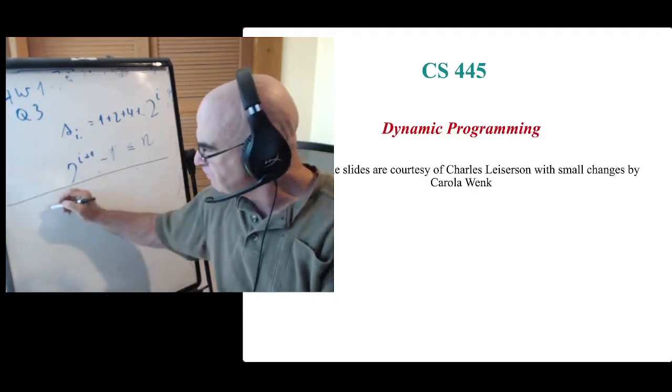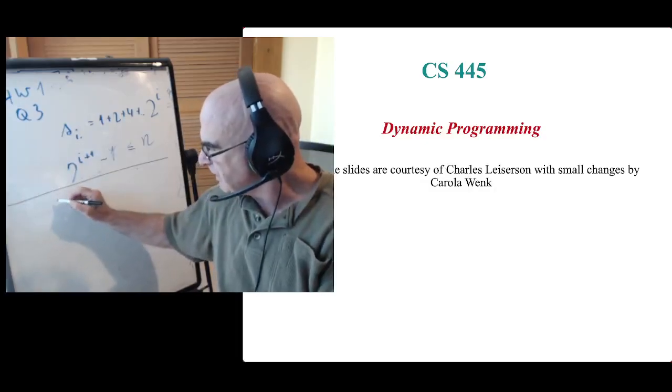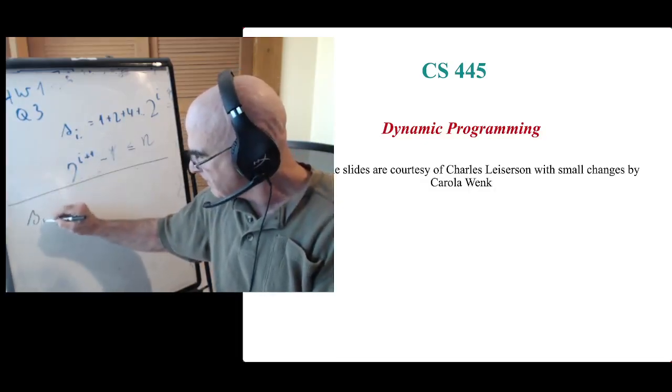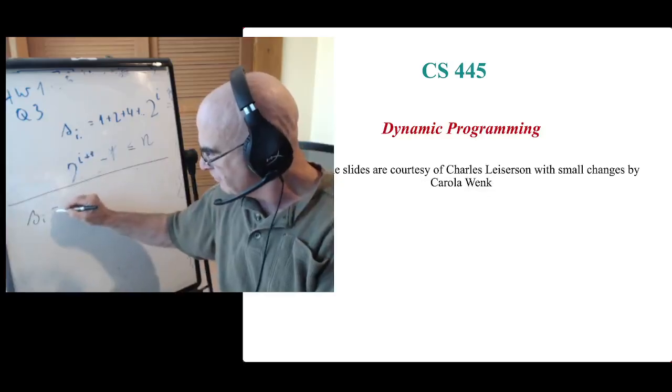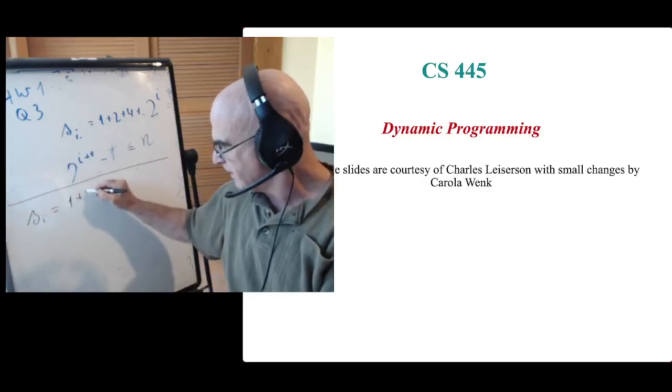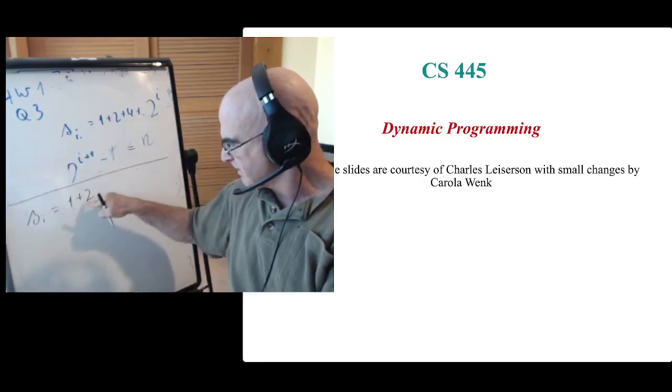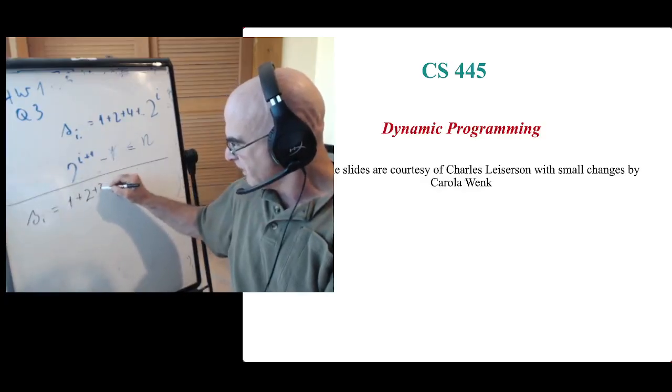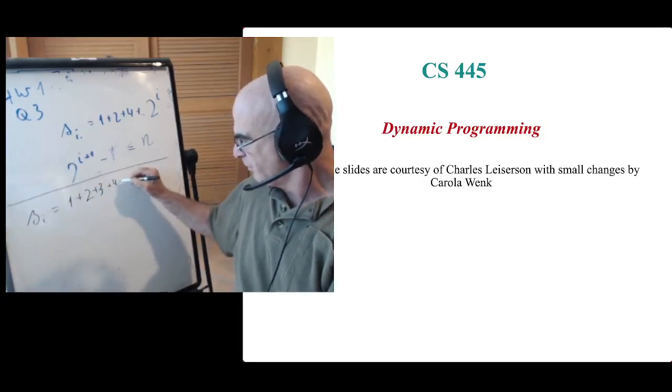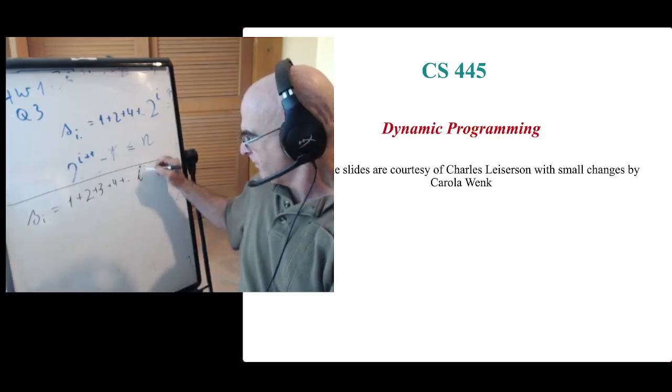In question 2, people got correctly to the idea that we had some number S_i, which increased by i at each iteration: 1 plus 2 plus 3 plus 4 plus all the way up to i.